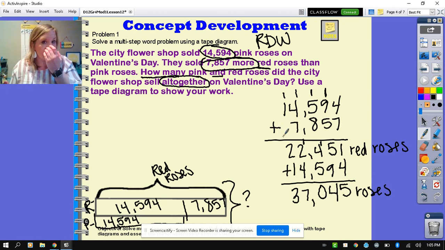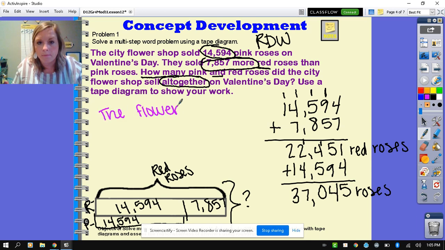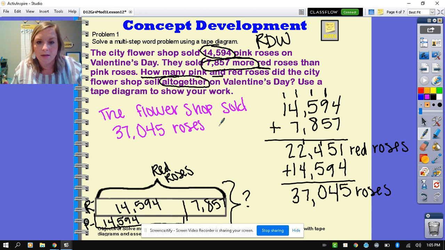Now, we are working on a word problem. So in a word problem, we always want to make sure that we read the question and then we write it as a statement. So I'm actually going to change my color to this purple and I'm going to write our answer as a statement. So I'm going to write the flower shop sold 37,045 roses on Valentine's Day.